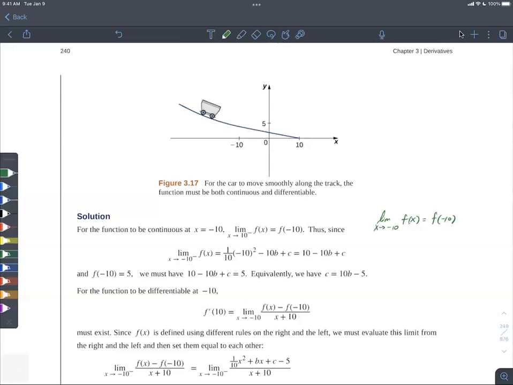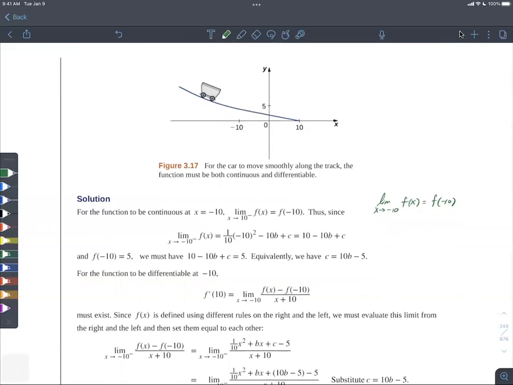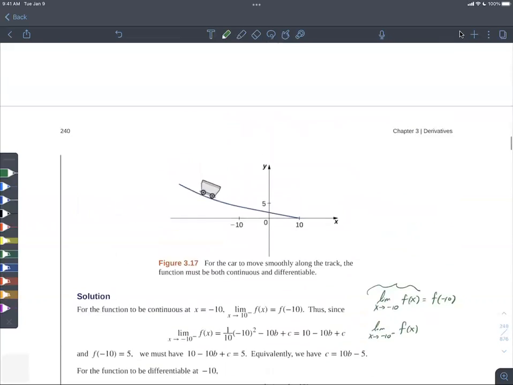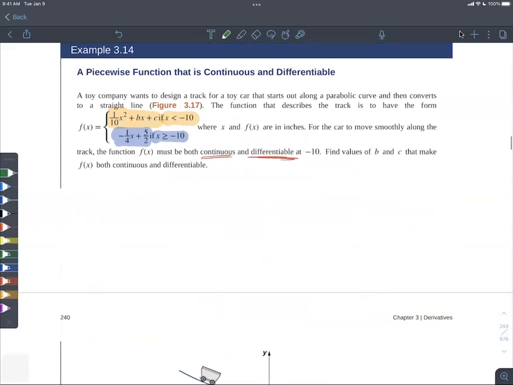We can break up this limit into two parts. Remember that for every two-sided limit, you can break it up into the single-sided limits. So the limit as x approaches -10 from the left of our function is defined using this definition here.